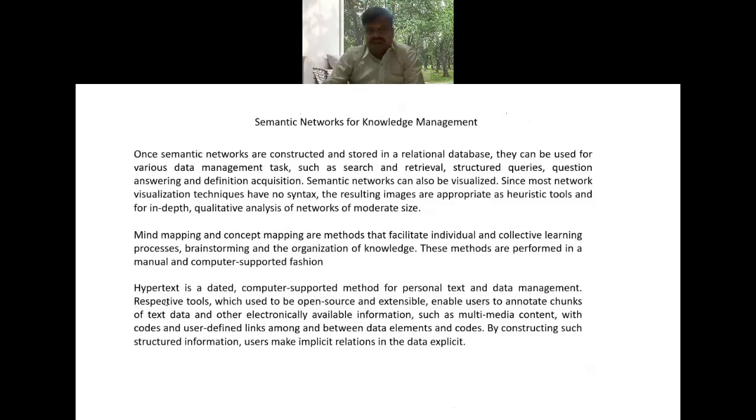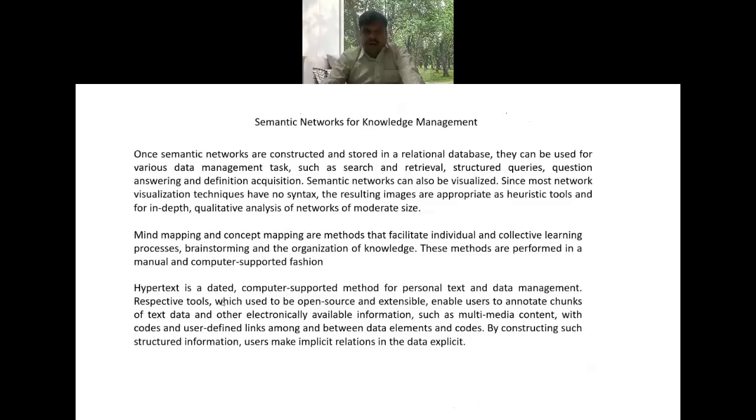Okay, next, hypertext. Hypertext is a dated, computer supported method for personal text and data management. So this hypertext can be useful for semantic network representation in the form of knowledge.